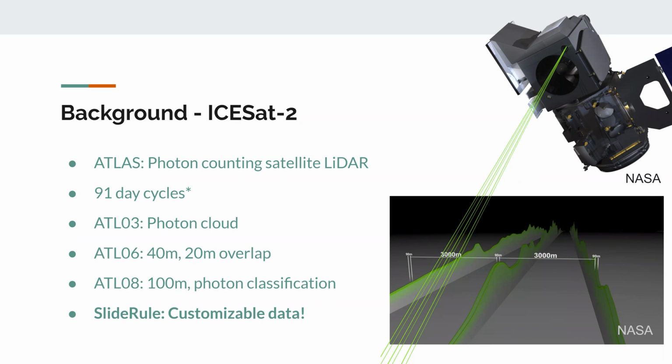We mainly worked with three different products: the ATL03, which is the photon cloud; ATL06, which provides 40-meter windows with 50% overlap; and then ATL08, which is a 100-meter block but provides more photon classification. Combining this with SlideRule, we have a lot more control over the data, and we can customize how we're getting our ICESat2 elevations, which is really helpful.